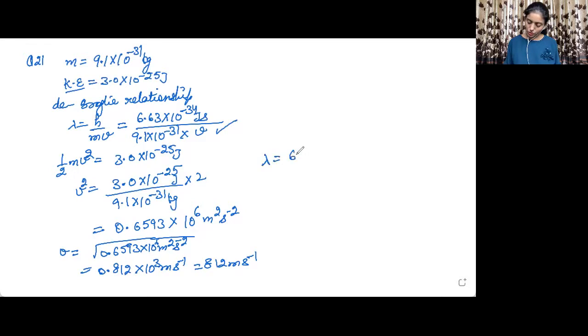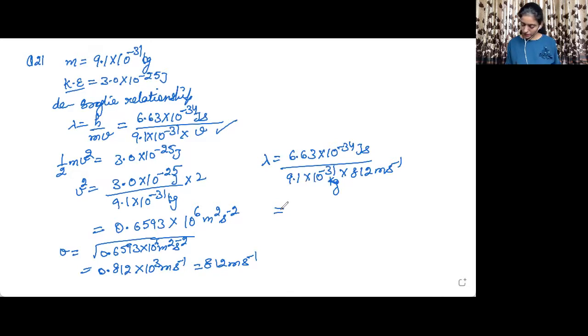So lambda will be equal to 6.63 × 10^-34 joule second upon 9.1 × 10^-31 kg multiplied by 812 meter per second. So it will be equal to 6.63 divided by 9.1 divided by 812, which comes out to be 0.000892 × 10^.